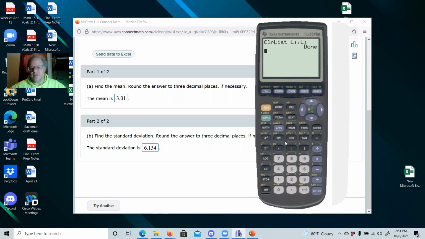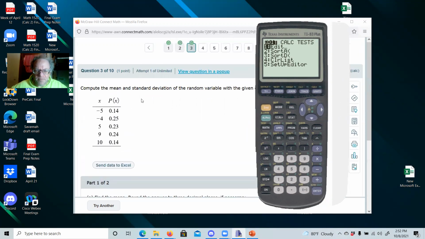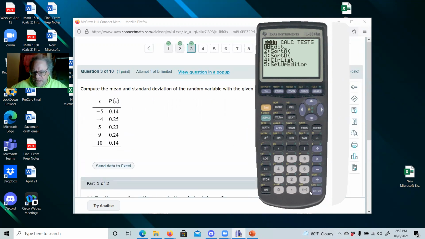Okay, so let's go ahead and hit stat. I think this is going to work out well. So we want edit. So we want -5, enter, -4, enter, 5, 9, and 10. On the other side here, we're going to say 0.14, 0.25, 0.23.